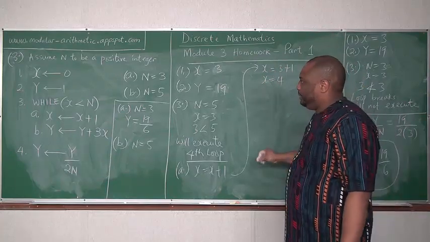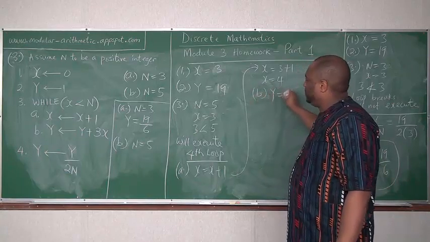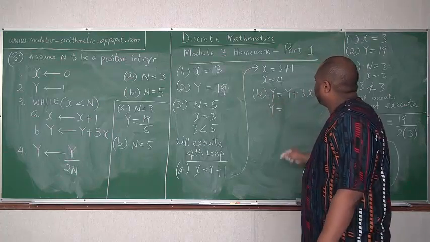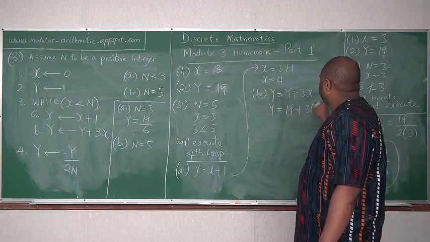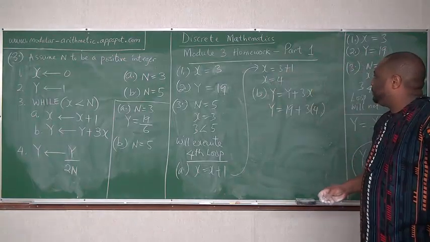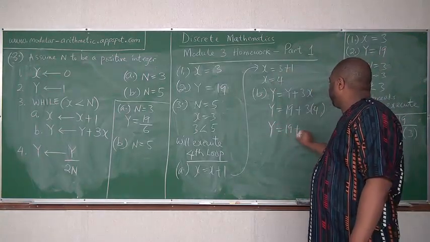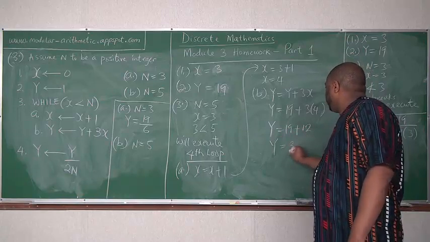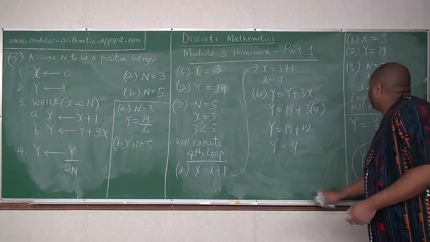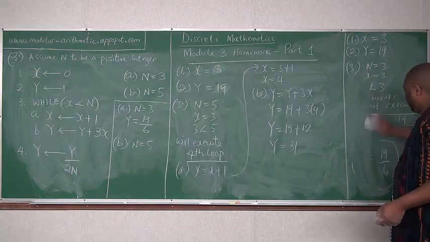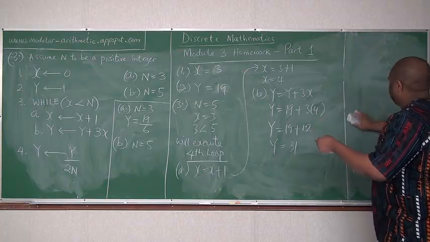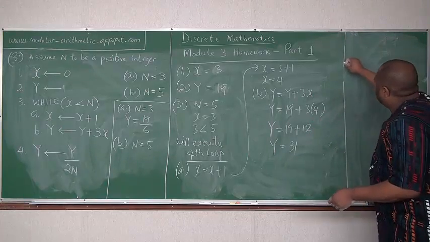And then our b, y is y plus 3x. So y is 19 plus 3 times 4. So y is 19 plus 12, and then y will be 31. And we go to the next one.